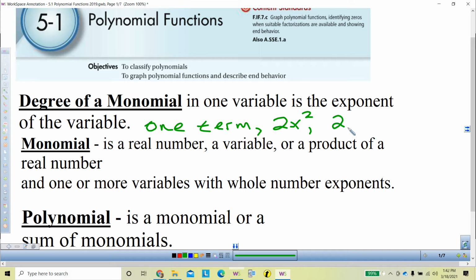I could say 2x to the 10th, y to the 3rd, z to the 4th. Still a monomial. I could multiply 28 things; if I don't have a plus or a minus, it's still a monomial, a single term. So that's what a monomial means. Oh, that was the degree of the monomial. You can use that for both of those.